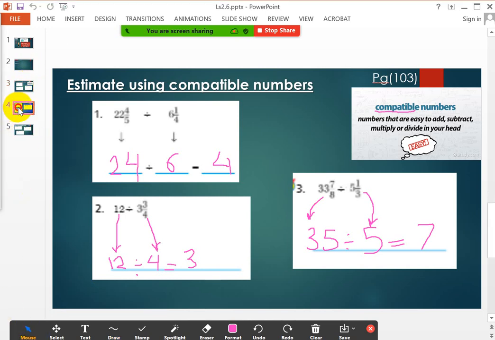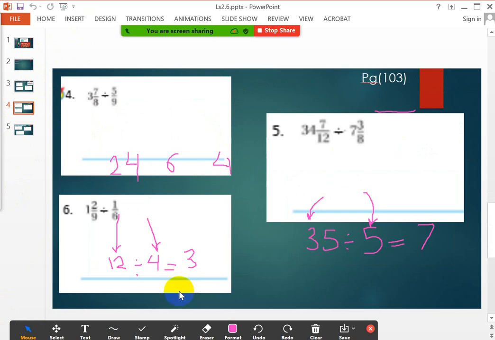Now, let's move to exercise number 4. Now I will choose the lucky girl who will solve this exercise. It will be Lena. Yes, Lena, open your mic.